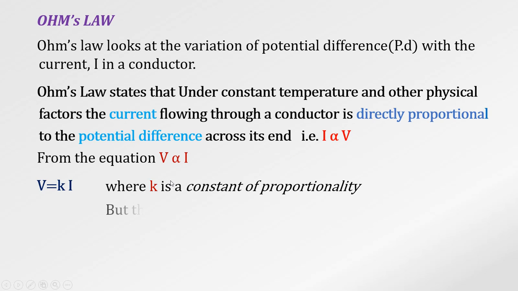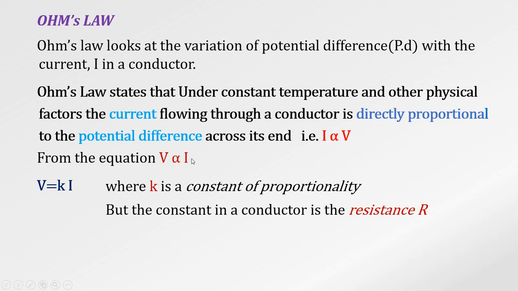But for us in physics, we shall look at what really has not changed when you are changing I and V. Since the temperature was kept constant, the physical factors were also kept constant for that conductor. The length is not changing, the thickness, the area is not changing, the temperature is not changing. It means you are not changing the resistance. So the constant in our conductor now becomes what?